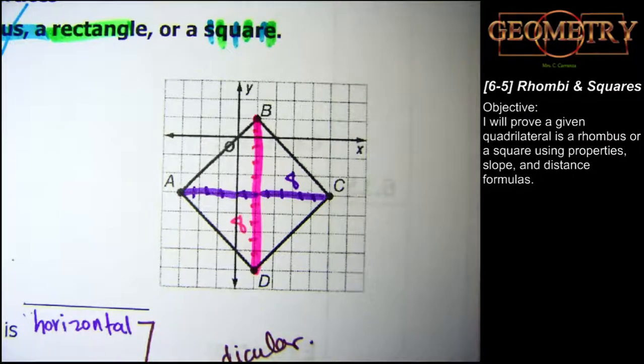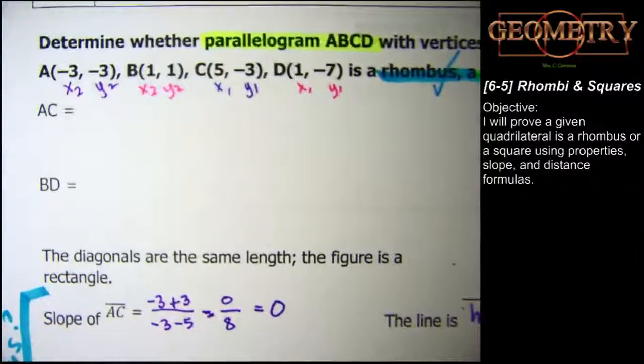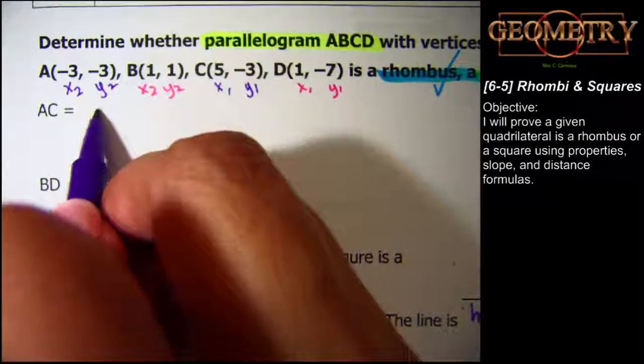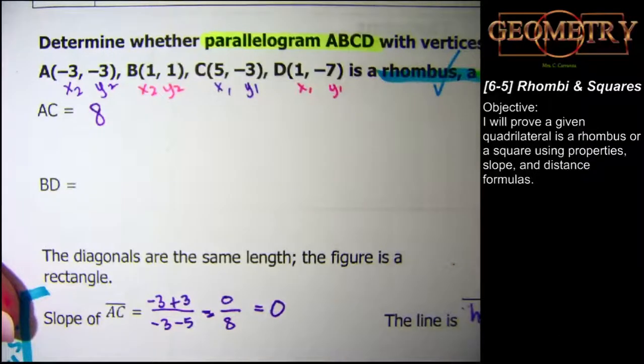Counting only works when your lines are horizontal or vertical. You cannot count the squares if your lines are at a slant of any kind. At that point, you must run the distance formula. Only because the lines follow the grid, horizontal and vertical, was I allowed to just count.